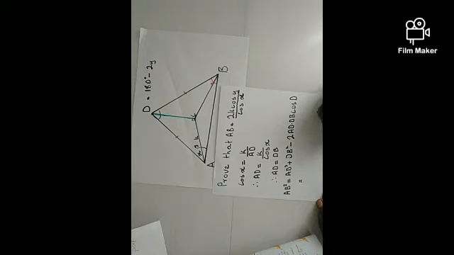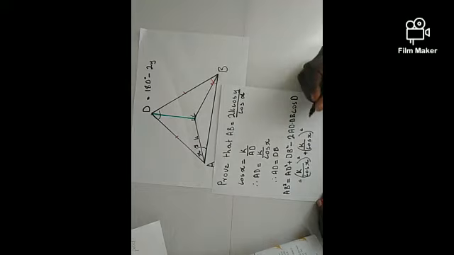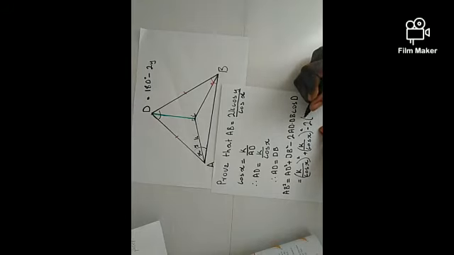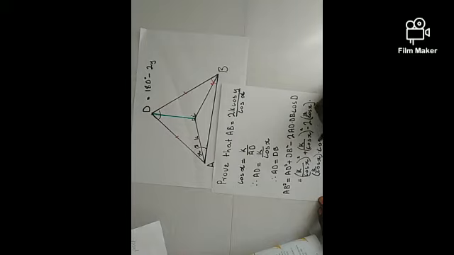Then we substitute. We know that AD is K over cos X, squared, plus K over cos X, squared, minus 2 into K over cos X times K over cos X times cos D. What is D?